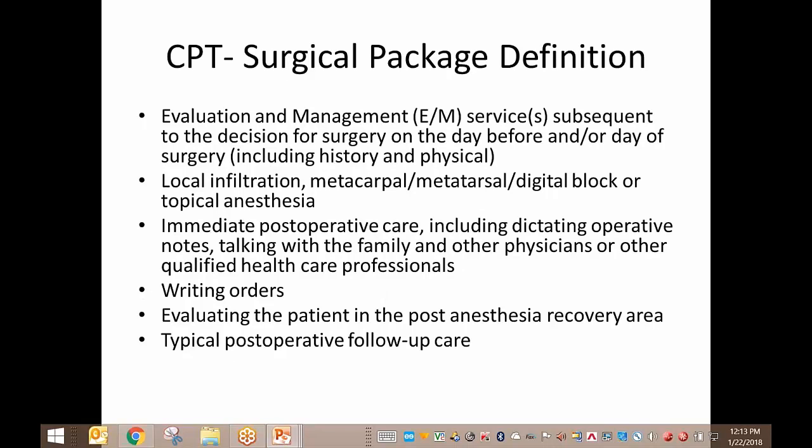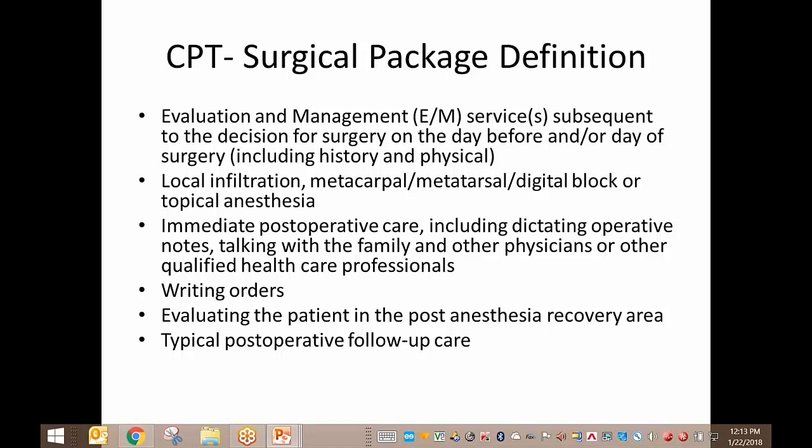Looking first at what CPT defines as the surgical package. Remembering that CMS or Medicare has their own definition, I don't know of an insurance company other than, at least here in Illinois, the Medicaid public aid system, that has their own post-operative days.